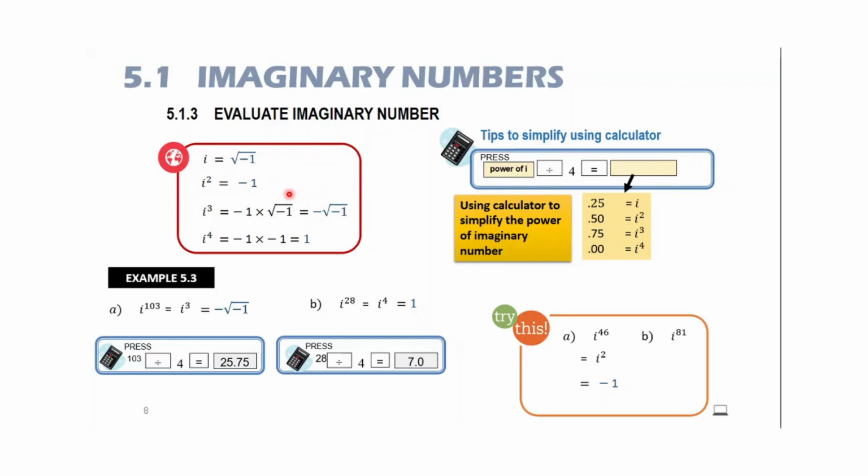Next question. i to the power of 81. 81 divided by 4, you get 20.25. So 20.25 adalah equal to i, and i is equal to square root of negative 1. Okay, saya harap semua boleh faham.